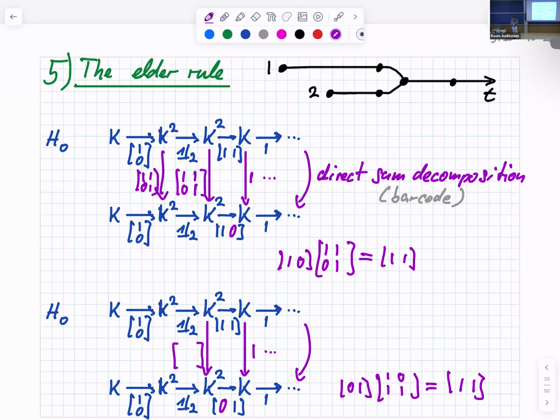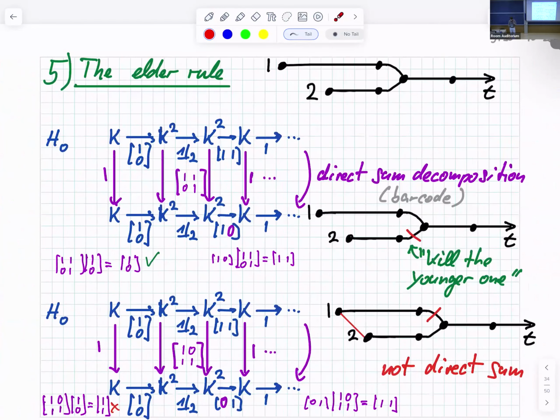Okay? So what we learn from representation theory is that I can, in fact, delete here the second entry one. So I can delete the edge here that comes from the component that has been born at a later time.